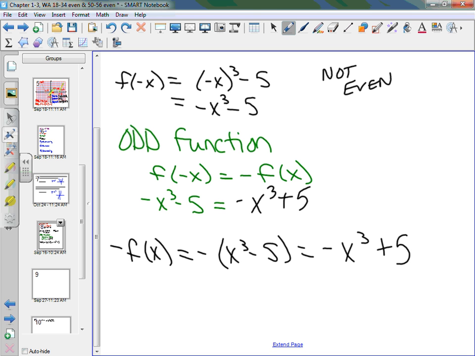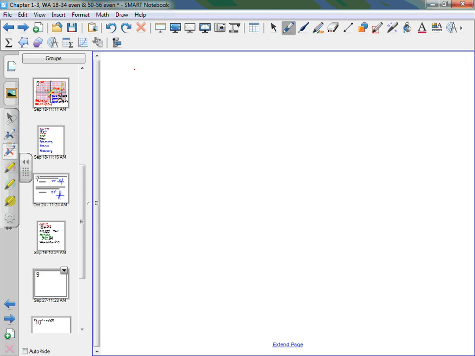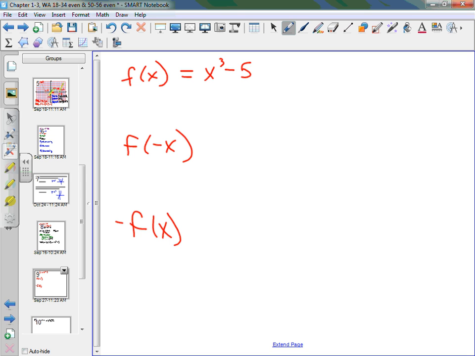Now, guys, to determine if something is even or odd, you have f of x, f at negative x, and negative f of x. Those are the three functions you have to compare. That's it. If I give you the function x cubed minus 5, that's the original f of x.